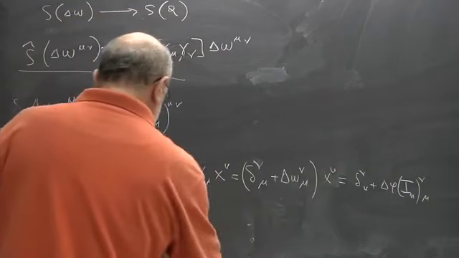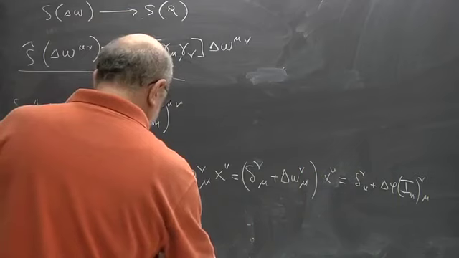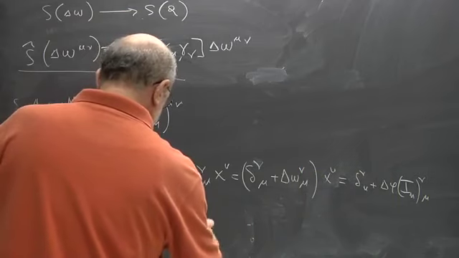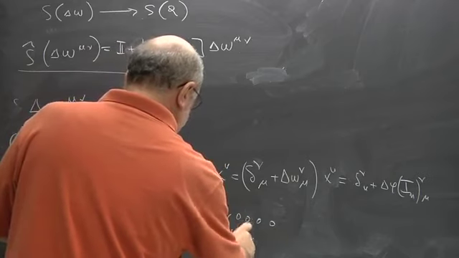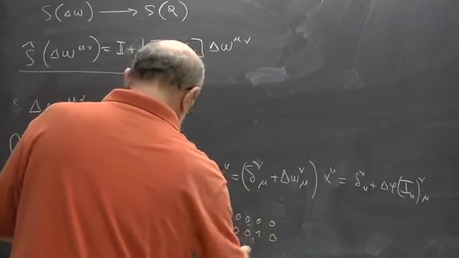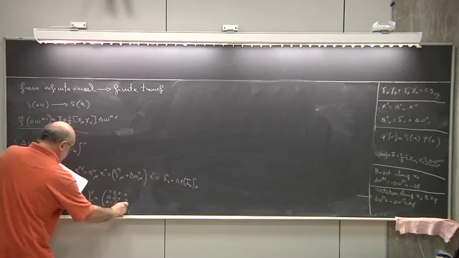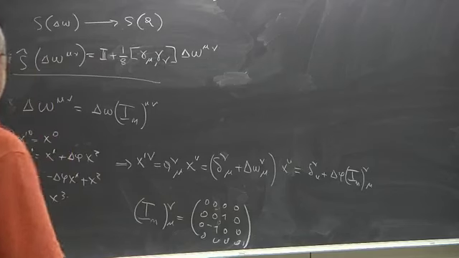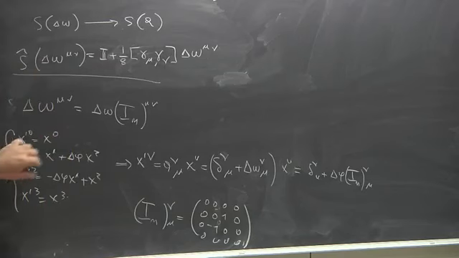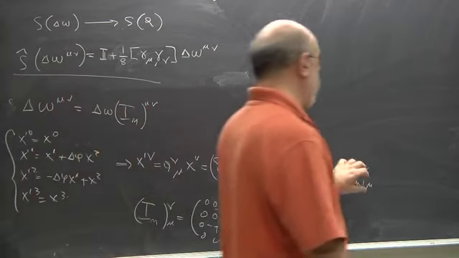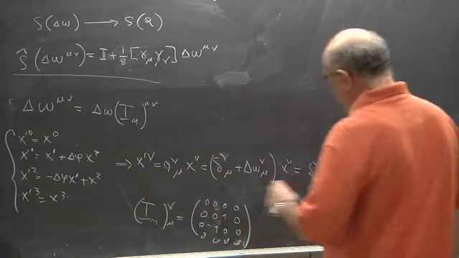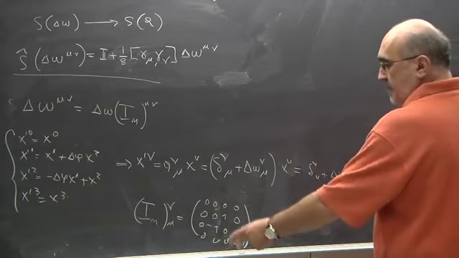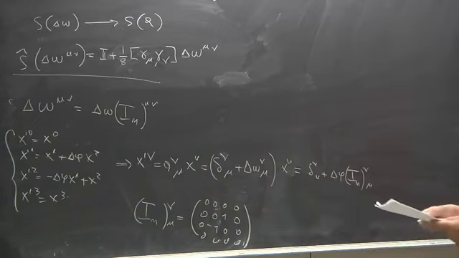Comparing this with this form, it's easy to find out that I_N mu nu for the rotation is 0, 0, 0, 0, 0, 0, 1, 0, 0, minus 1, 0, 0, 0, 0, 0, 0. Okay? So I compare this with the abstract form, and comparing this with this, you get the form of this matrix, and the form of this matrix is this.